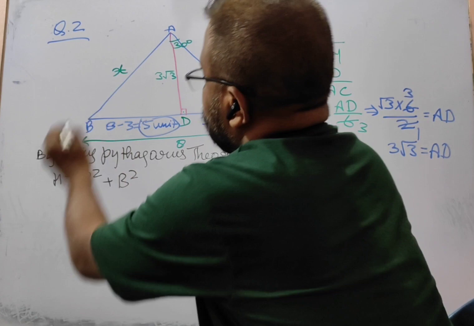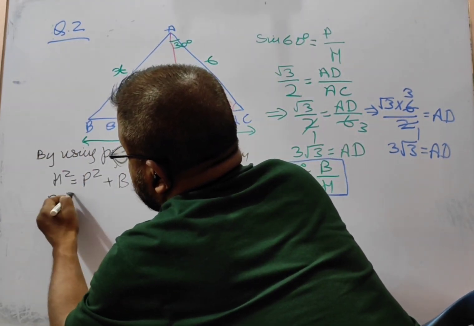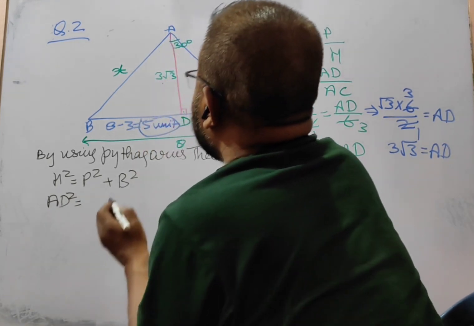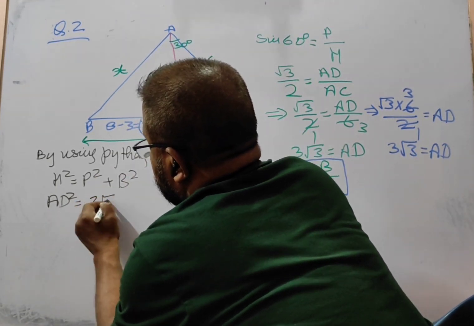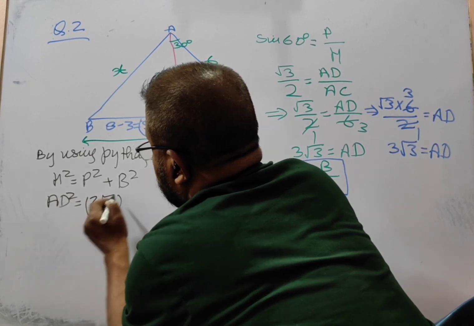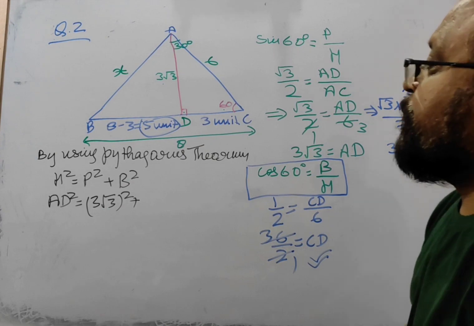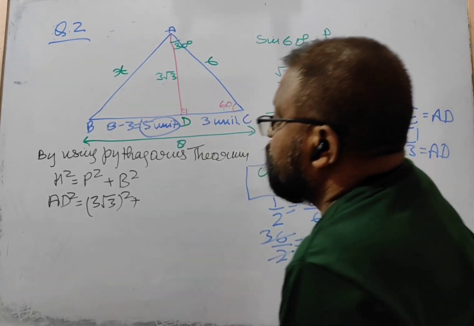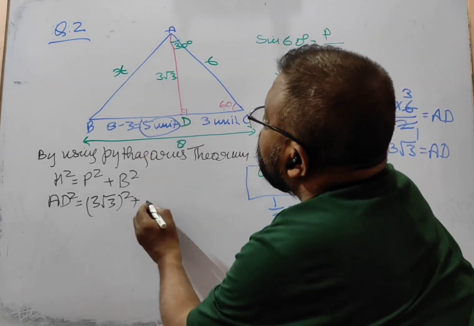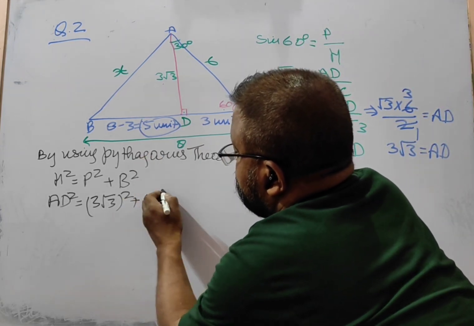So hypotenuse is AB square is equal to perpendicular is 3 root 3 whole square plus base, we call BD, is 5 whole square, right?